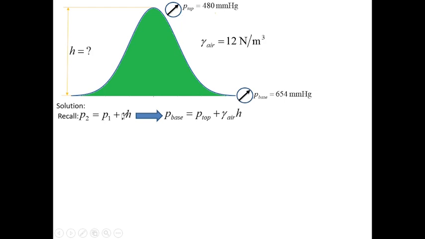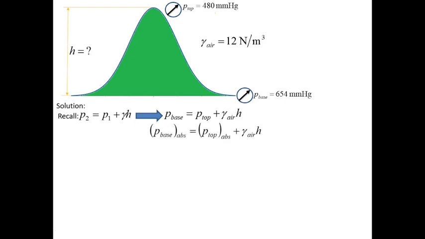That's why in our formula, the base represents P sub 2 and the pressure at the top represents P sub 1. With that, we have unit weight to be the unit weight of air and height h to be the height of the mountain.